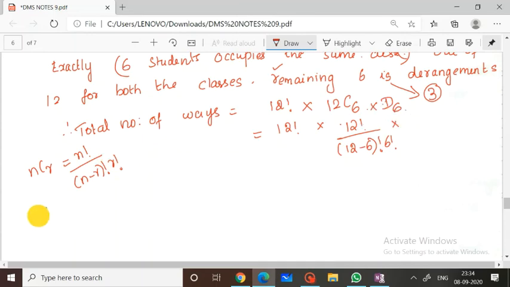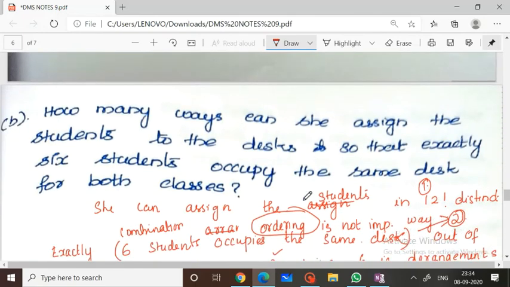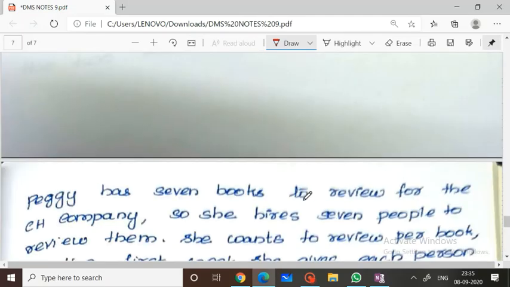That is, Dn is equal to n factorial by e, so this can be written as 6 factorial by e, where e is 2.718. You can simplify and write the answer. So this is the problem. In this problem you have 2 cases, case A and B. Both the cases are here. It is very easy to simplify.